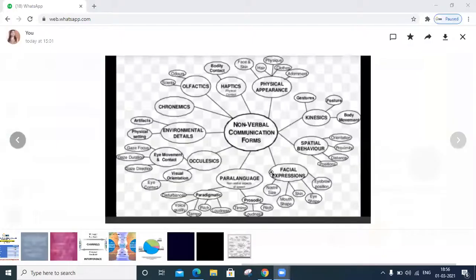Okay, now I think we have almost discussed everything. Haptics, HAPTICS. This one where I am putting the cursor. Haptics are body contact, physical contact, which we should not have during the COVID-19 era, obviously.